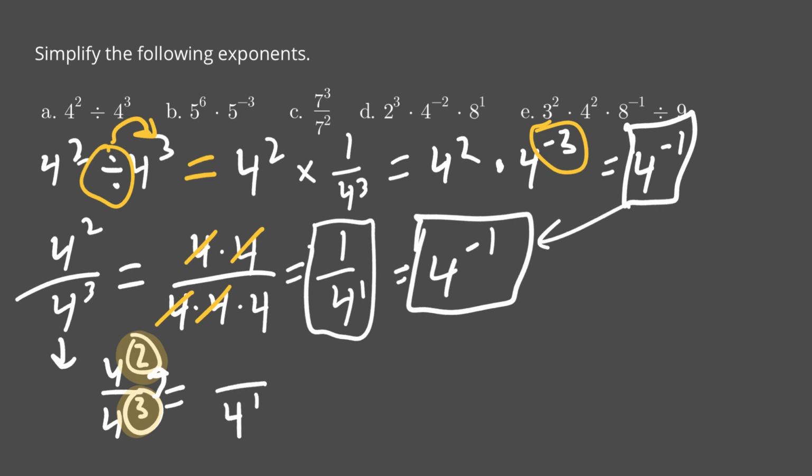And the losing side, which had no exponents left, becomes a 1. And of course, this simplifies to 4 to the negative 1, which is exactly the same as all of our other solutions. So there are a ton of ways to look at these problems. All of them work. It just depends on what works best for you.